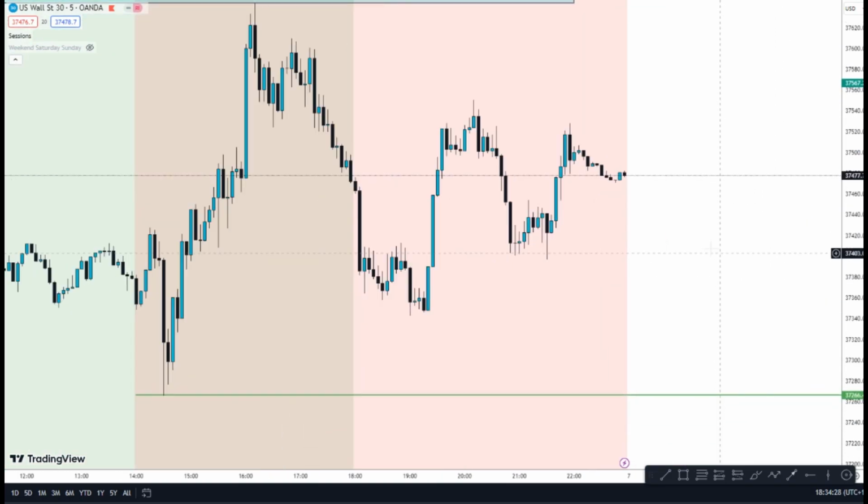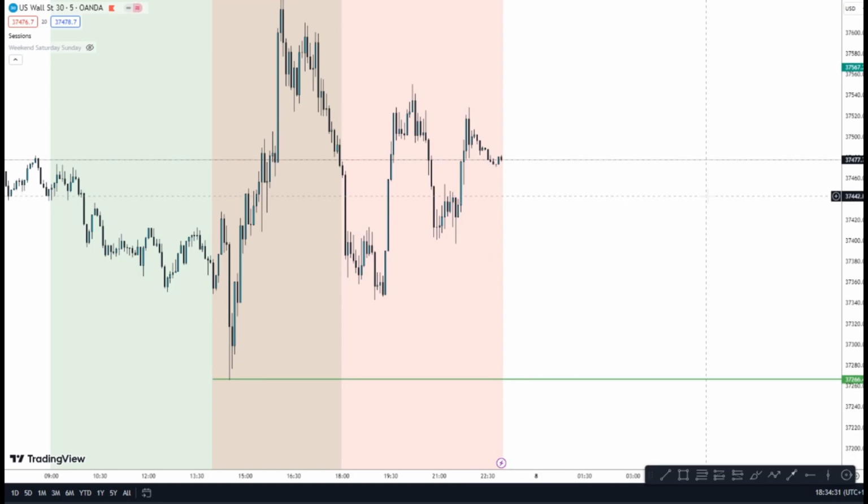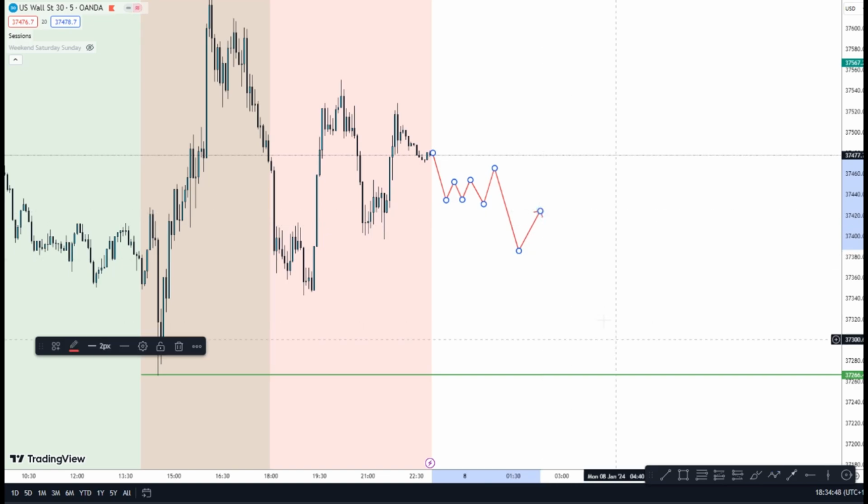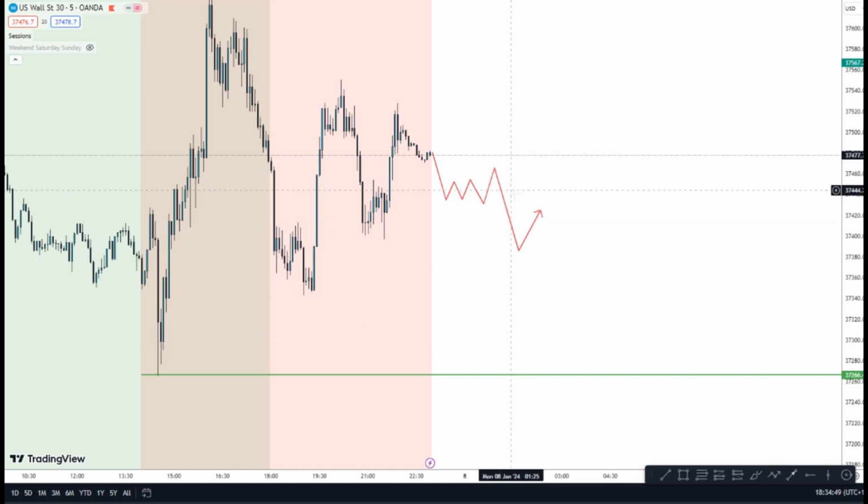Having a clear entry is seeing that the London session opens. I need to see a clear sweep of liquidity and a break of structure so that I can take advantage, which means I need to see price do something like this: build up liquidity, sweep the liquidity, break to the downside. Then that's why I think I'm taking advantage of the price action to hit this target here.